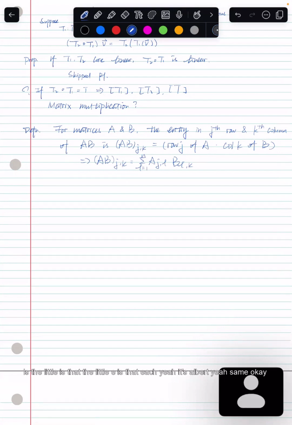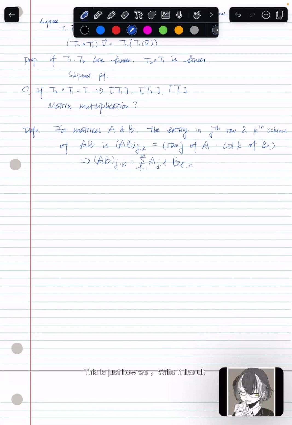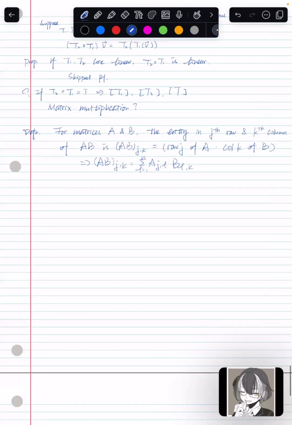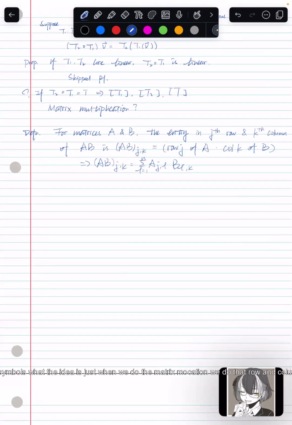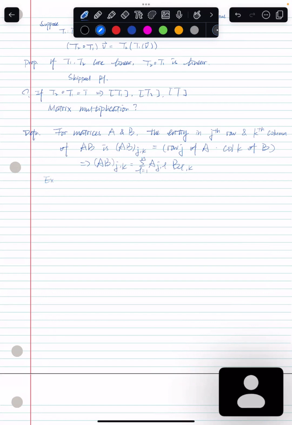Is that the little e is a each? Yeah, it's an L, but yeah, same. Oh, okay. So this is just how we write it with symbols, but the idea is just when we do the matrix multiplication, we do that row and column stuff.